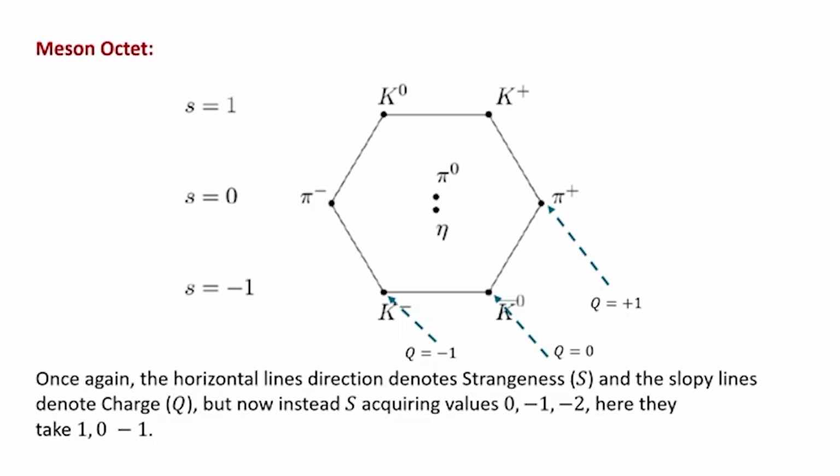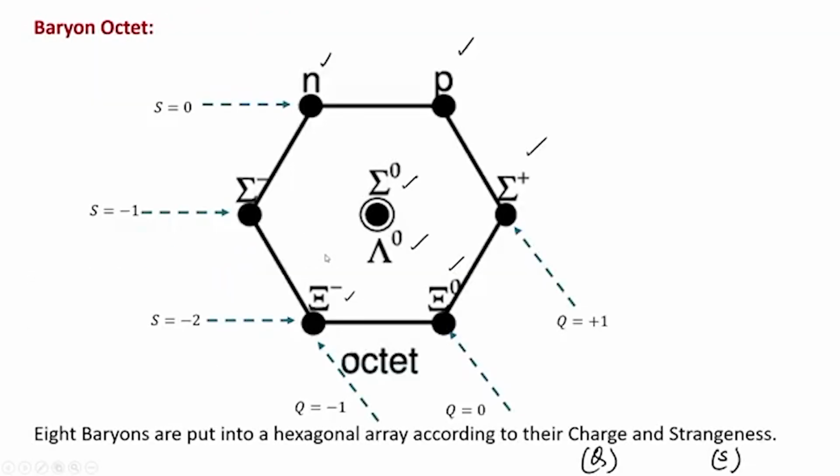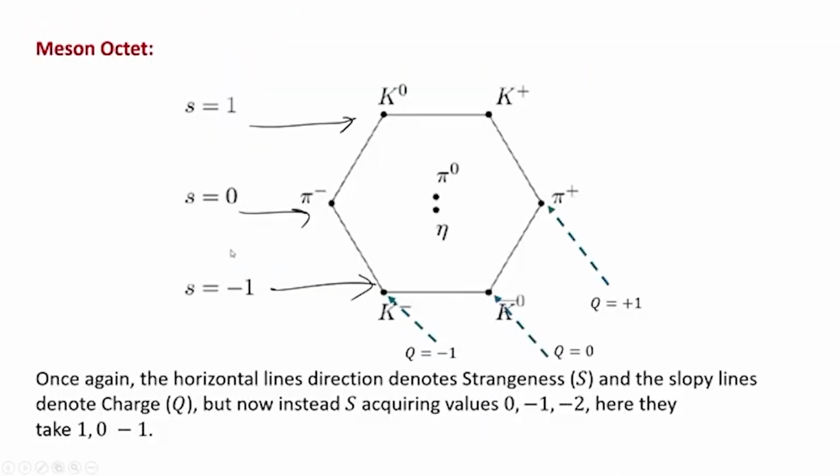So, then coming to the meson octet, once again this is the s equal to 1, s equal to 0, s equal to -1. Now, you see that Gell-Mann actually deliberately did it instead of the octet that we saw there, 0, -1 and -2. He made it symmetrically +1, 0 and -1, and these are kaons, the K0 neutral particle, K plus, pi plus and all that.